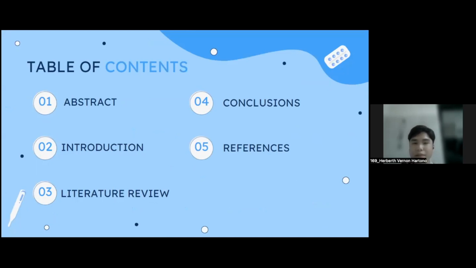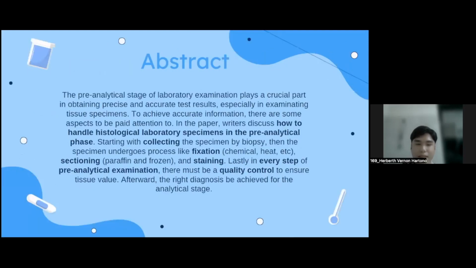We will cover the abstract, introduction, and the literature review itself, which consists of specimen collection, specimen fixation, specimen processing, sectioning, staining, storage, and also quality control. Next we will cover the conclusions and the references. So without further delay, let me invite my colleague to start the presentation itself.